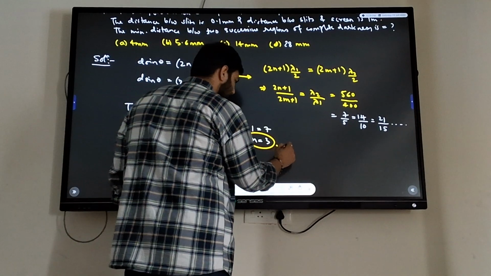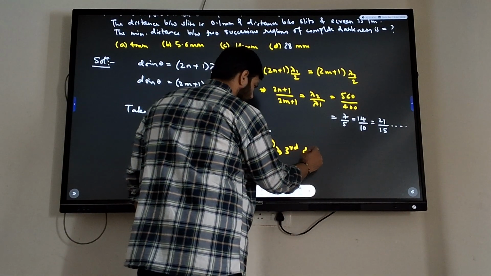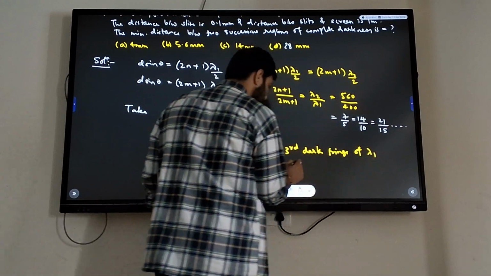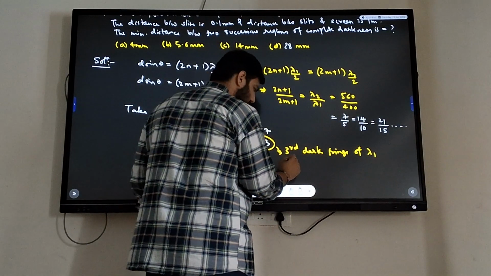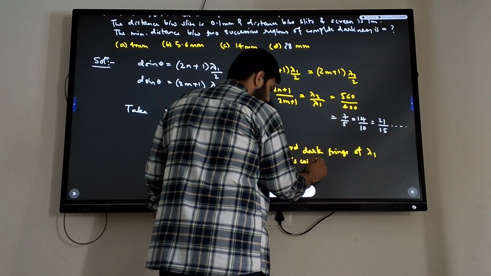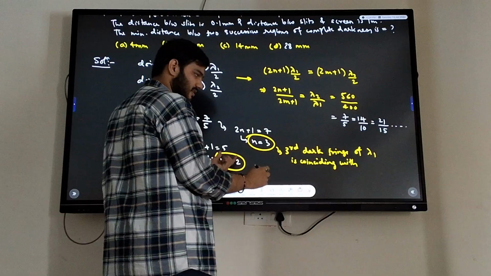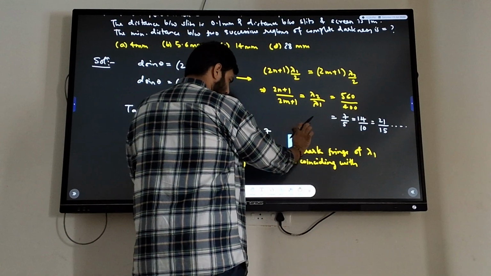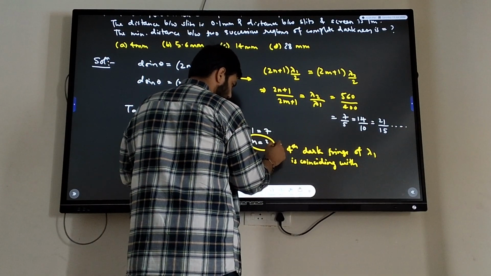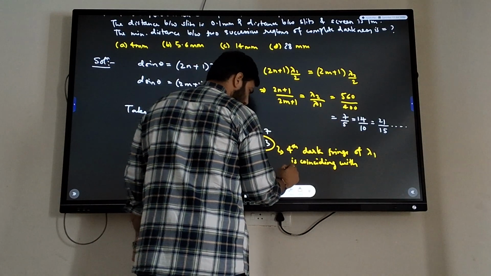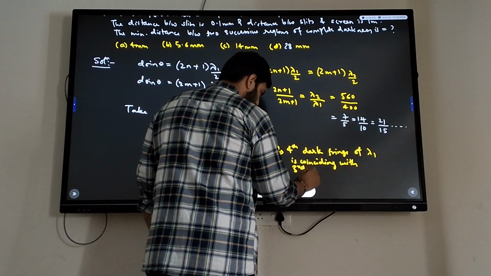So this is the fourth dark fringe of lambda 1, coinciding with what? The fourth of this is coinciding with the third of this.